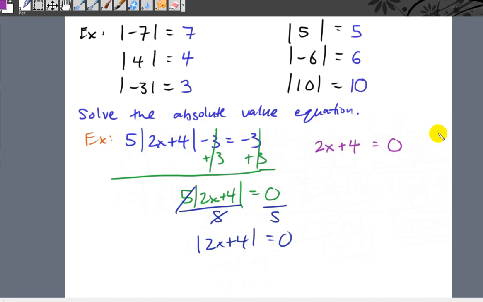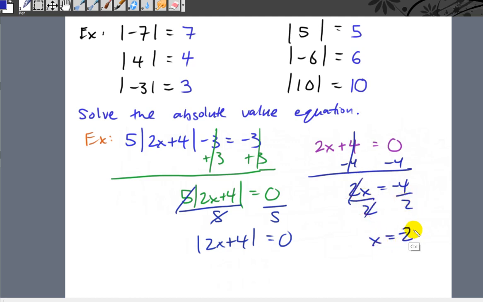We don't have two possibilities in this case, because if we consider the negative and positive, it's still 0. So now we just solve for x. Subtract 4: 2x equals negative 4. Divide by 2, and we get x equals negative 2. Right? And that is it.